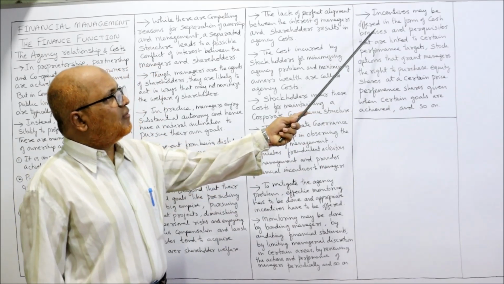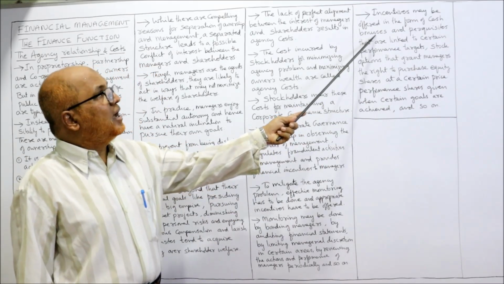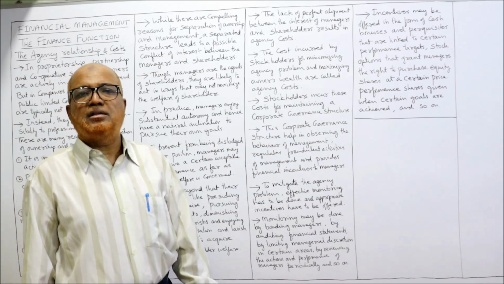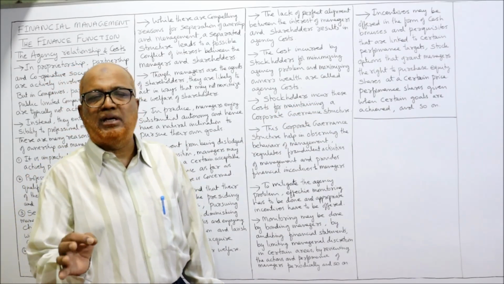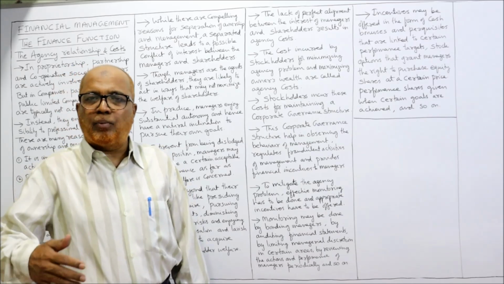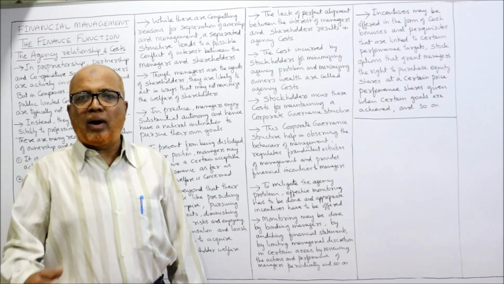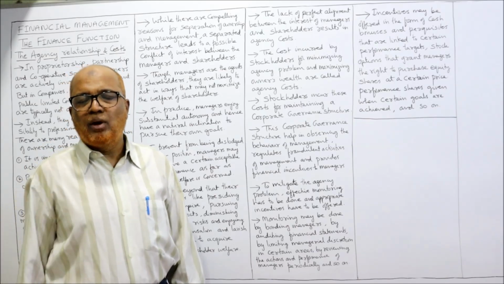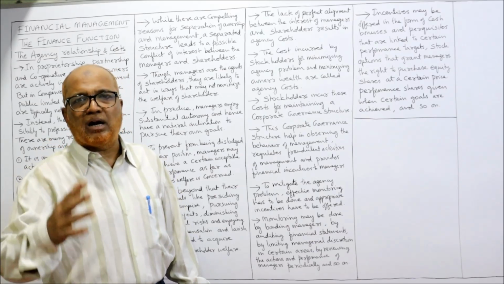Now, incentives may be offered in the form of cash bonuses and perquisites. Perquisites are the non-monetary benefits given by a company to their employees, like providing a motor car, providing rent-free accommodation, providing a free credit card facility.